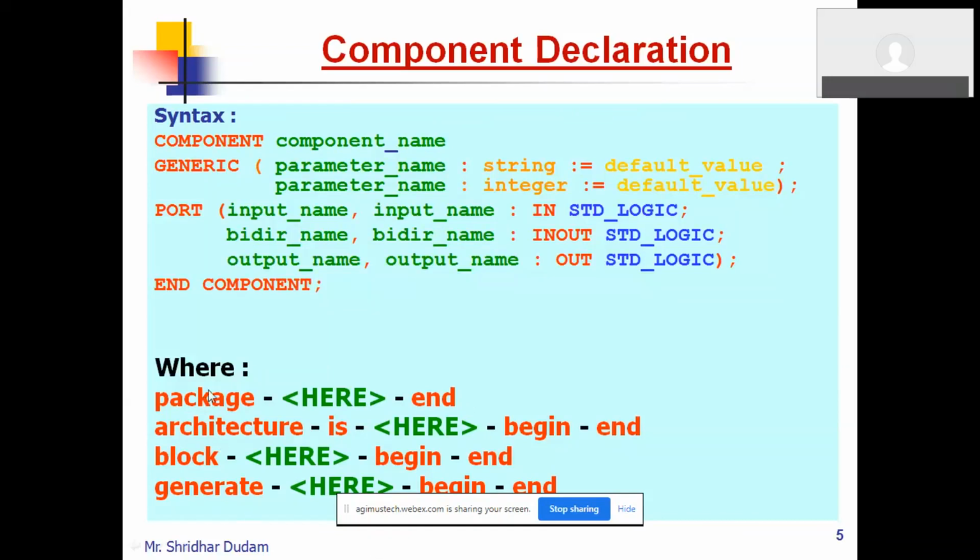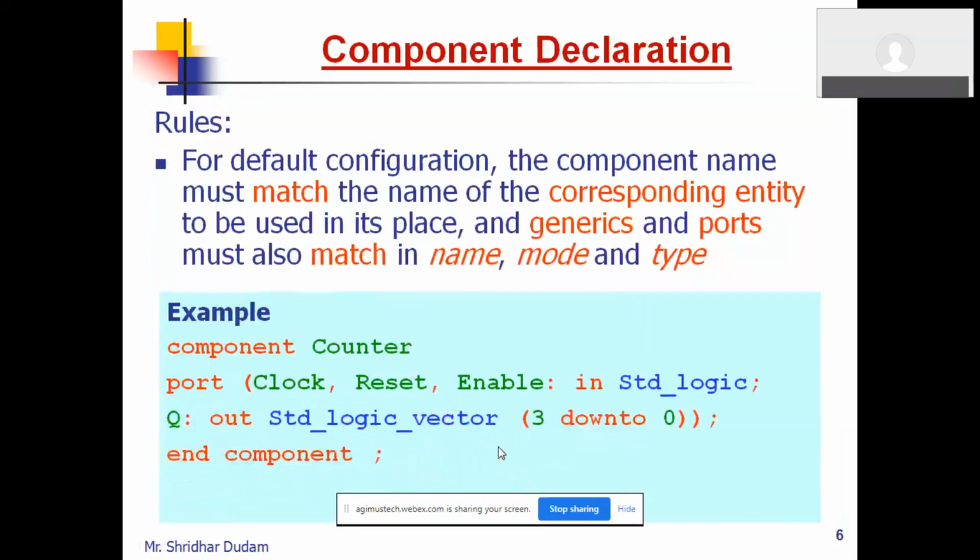These are some places where we can declare the component: packages, architecture, block, and generate. As far as our course is concerned, we are declaring the component in the architecture and using it. As I said, for the default configuration, the component name must match the name of the corresponding entity.